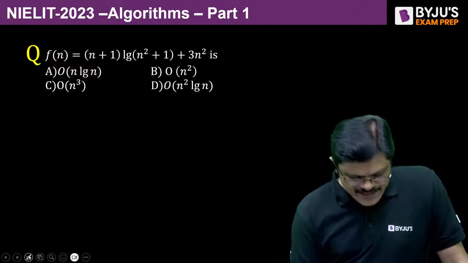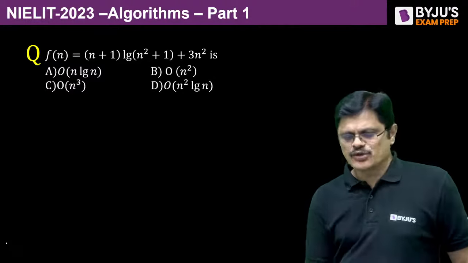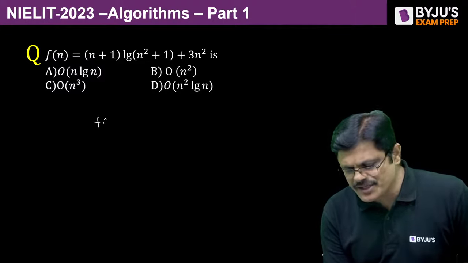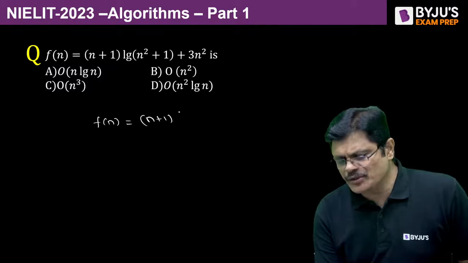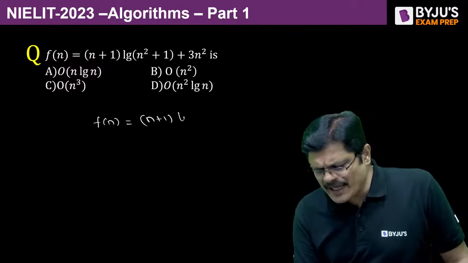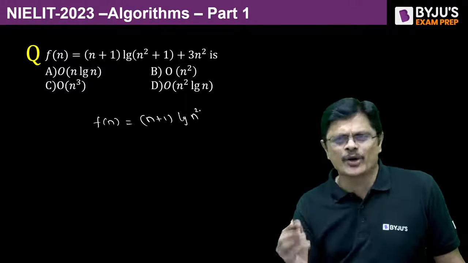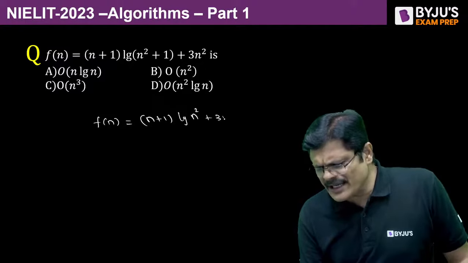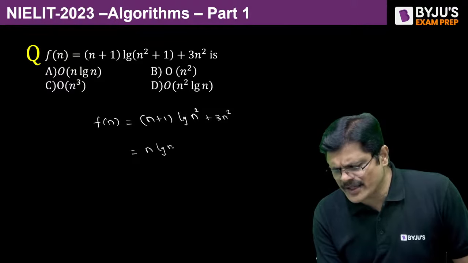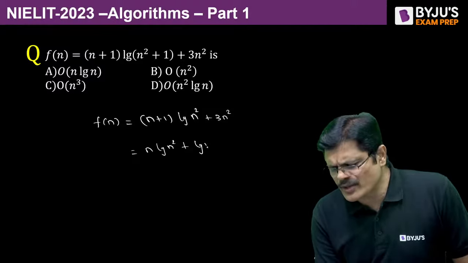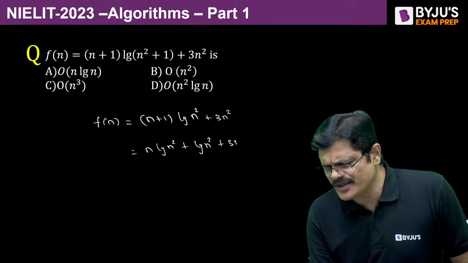Sham says B is the answer. Very good, Sham. If you expand this particular function, it would be (n plus 1) into (log n square plus 1), which can be written approximately as log n square, no problem for that, plus 3n square. This can be written as n into log n square plus log n square plus 3n square.